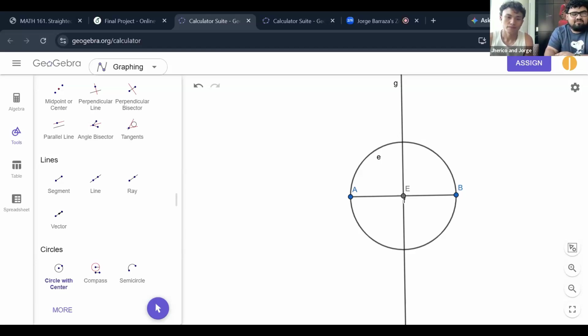So now we're going to construct another circle using our compass with A being the center of the circle and E being a point that lies on that circle. And then here we're going to construct the perpendicular bisector to find the midpoint of the segment AE.